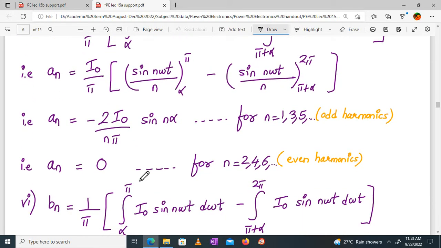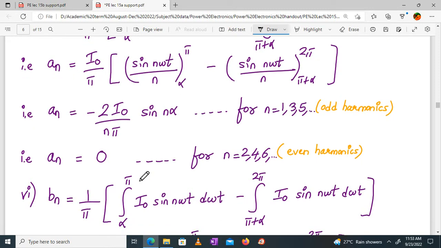So write down an, and if you solve this further for even values of n, the term will come out to be 0. An will be 0, and that proves the point it's half wave symmetry. Even harmonics are absent. Okay? So you have to write an is minus 2 I naught upon n pi into sine n alpha.